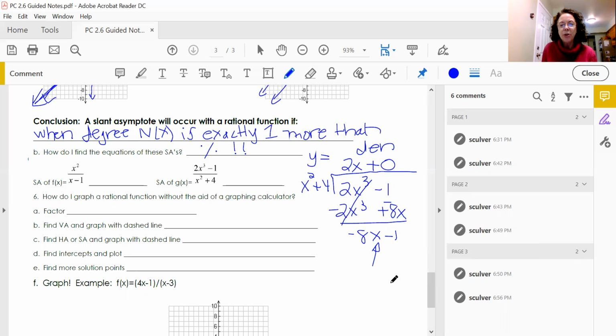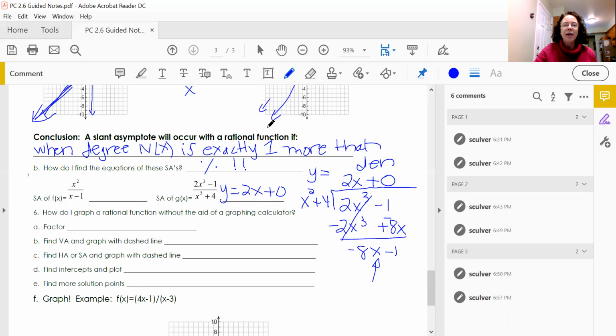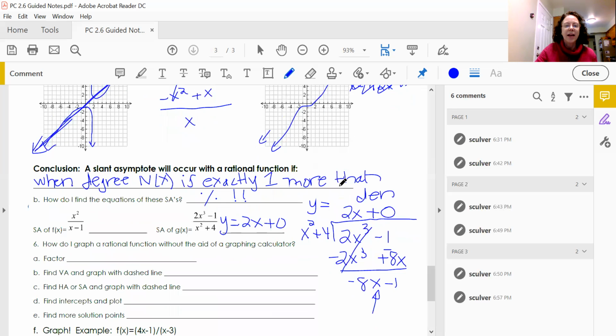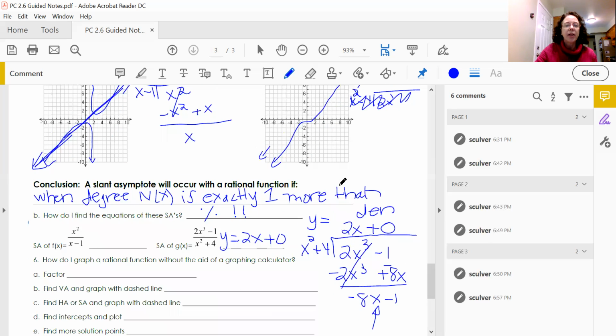We don't use the remainder, but because I need 2 parts for y equals mx plus b, I have a 0. If you graph y equals 2x plus 0 on the above graph, you would find that the graph curves on the ends right towards that line. And let's write our y equals x plus 1 right here.